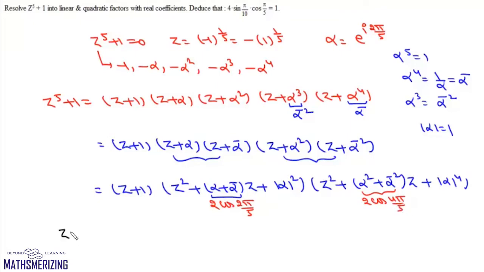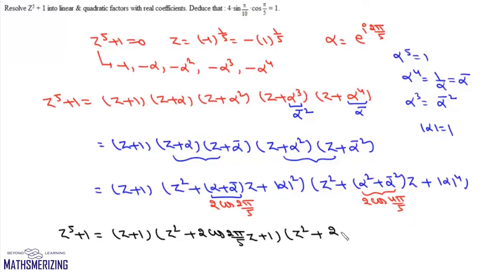So we can write z to the power 5 plus 1 equals z plus 1 into z square plus 2 cos 2 pi by 5 z plus 1 into z square plus 2 cos 4 pi by 5 z plus 1, and this is how we have factorized z to the power 5 plus 1 into linear and quadratic factors.